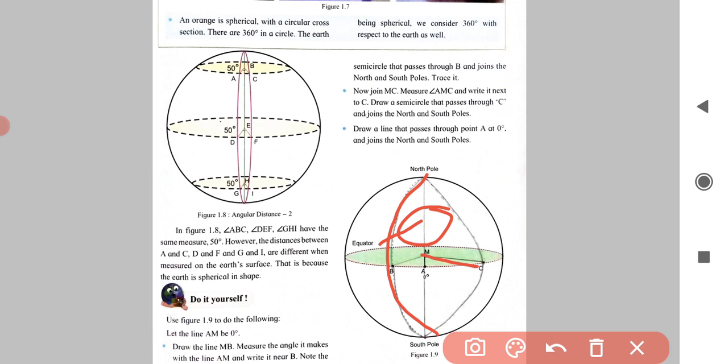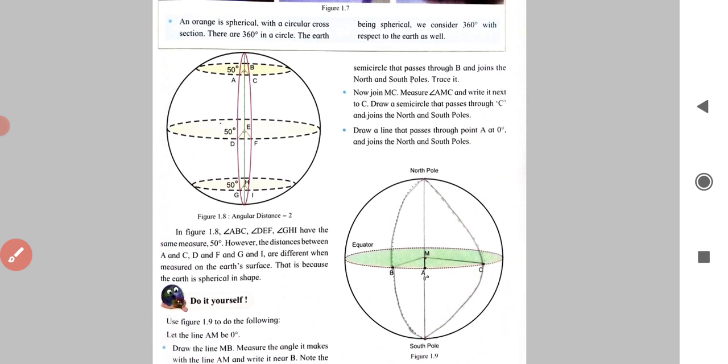Measure angle AMC and write it next to C. Draw a semicircle, that also I have done, which passes through C. Now draw the line that passes through point A and 0 degree and joins the north pole and south pole. Here I have joined this north pole and south pole, dear student. Understood up to here?